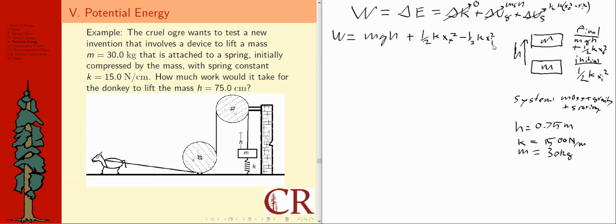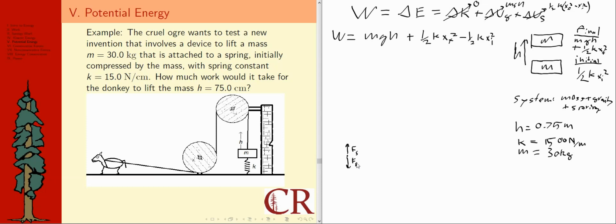However, we fall short on knowing what x sub f and x sub i are. So I think we're going to need to find those. The way that I'm going to find x sub i is if I think about this mass when it's initially at rest, if I think about an FBD for that, it's going to have its weight force, mg, and then it's going to be pushed up on by the spring force.